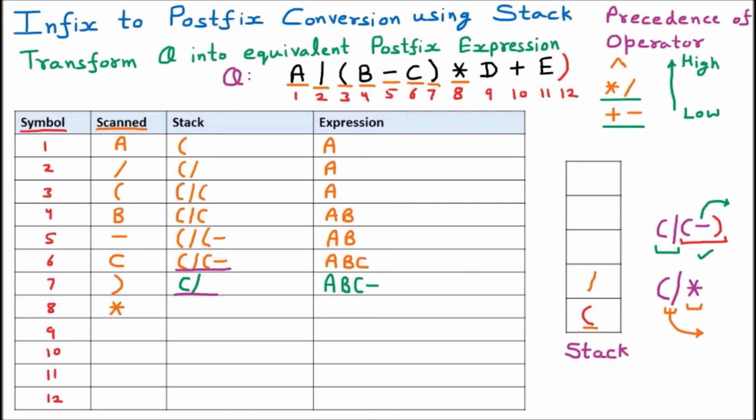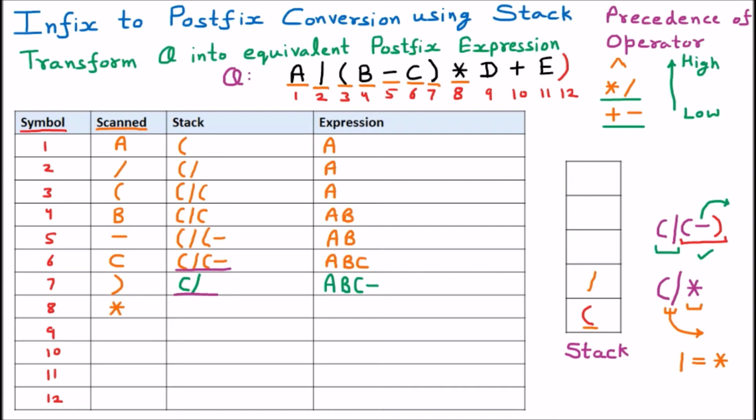The star is going to be put onto the stack and already slash is present and slash is having the same precedence. And I have already told you, whenever the operator which is on the stack is having the more precedence or the equal precedence, then it will come out. So slash is having the equal precedence as the star. So both are having equal precedence. So this will come out. Come out means that will be placed after the expression.